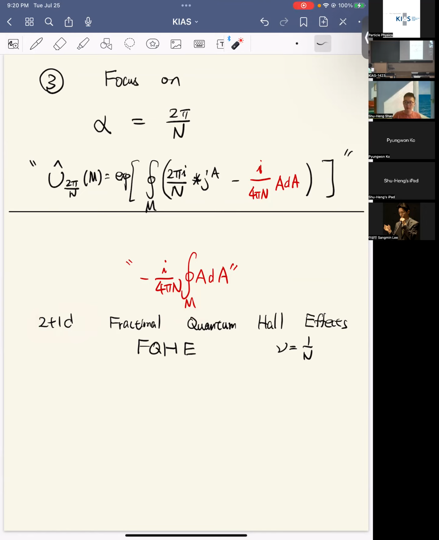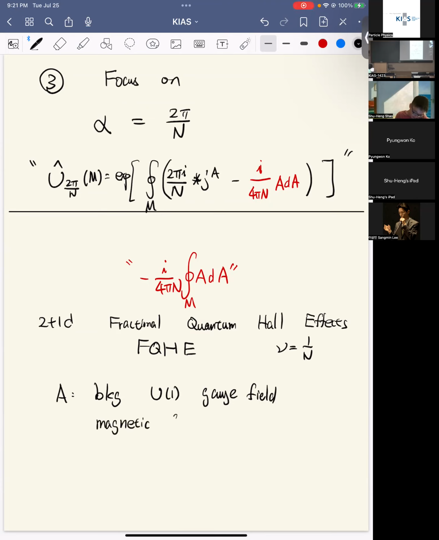The spatial dimension is 2, and you set up a large magnetic field in your system, and that magnetic field is associated with this gauge field. So A in that context is a background U(1) gauge field, which gives you the magnetic field that you tune in your lab. And M there is the 2+1D space-time.